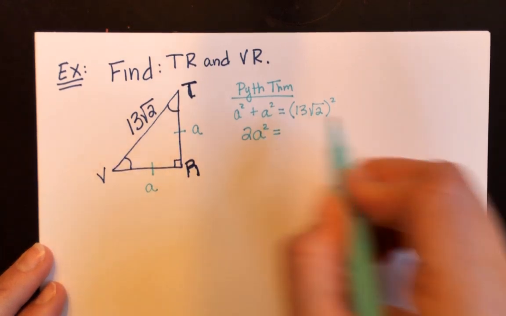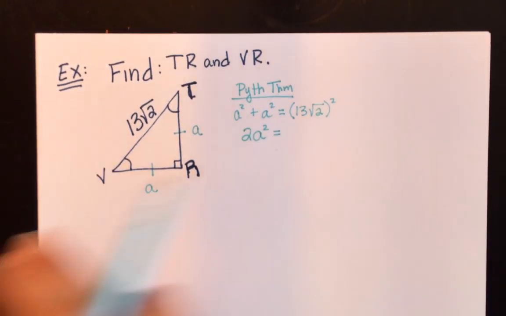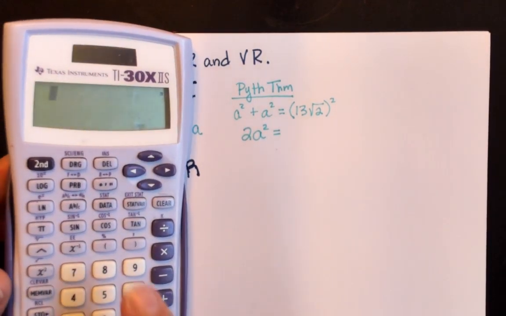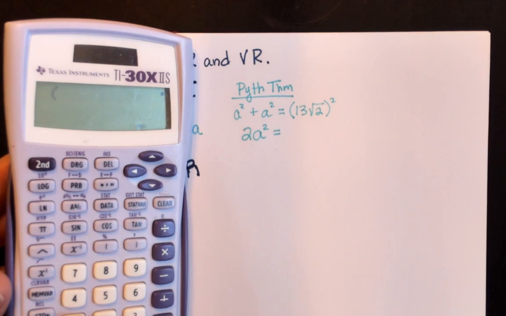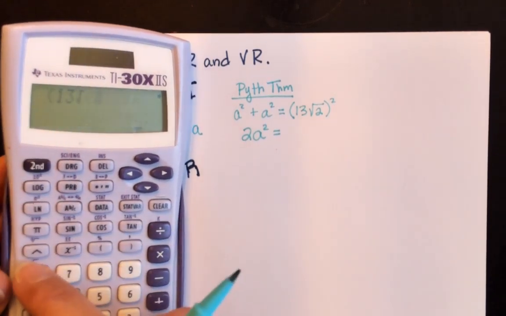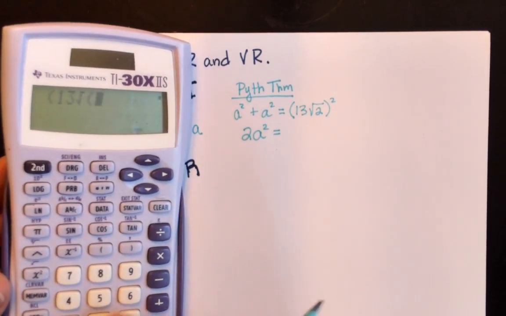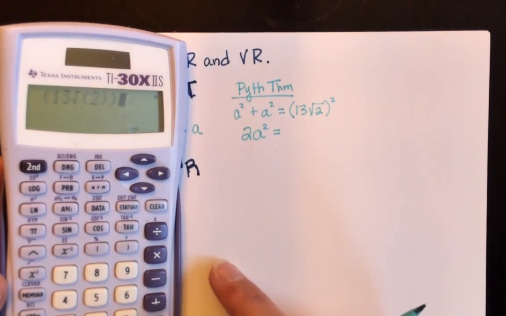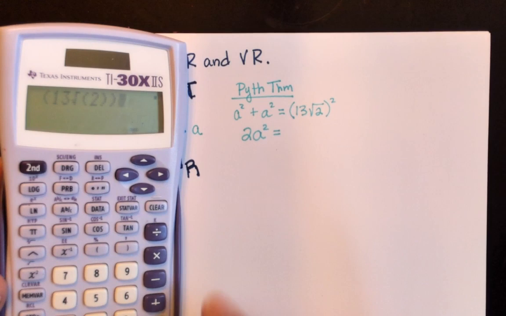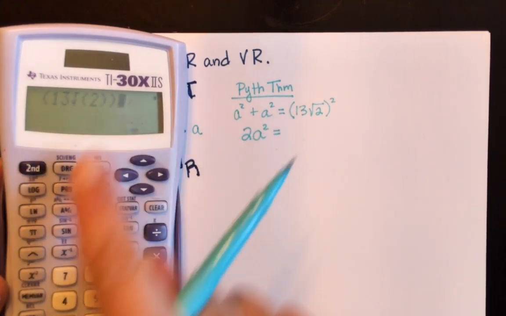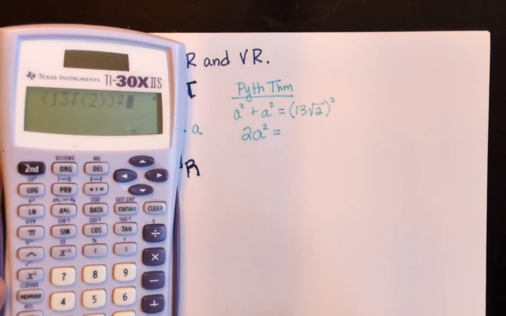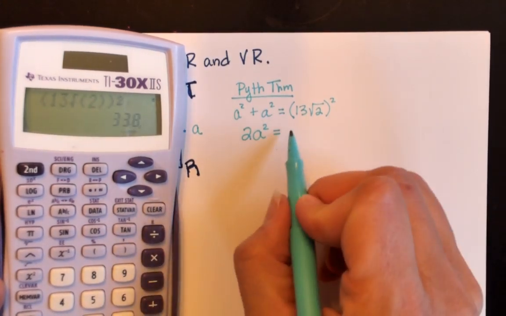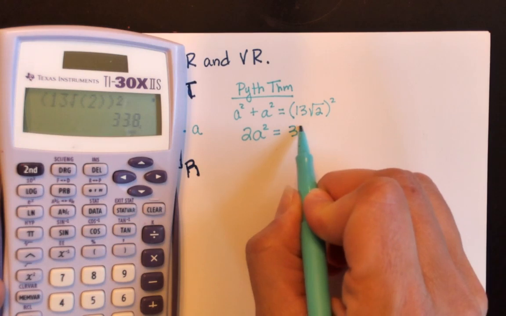And over here, again, I could use my calculator and just do parentheses, where I'd take the parenthesis 13, the square root of 2, close the parenthesis, close it again, so that we have enough closed for open. We had 2 open, you have to have 2 closed, and we're going to square that. And when we push enter, we end up finding out that this guy is 338.